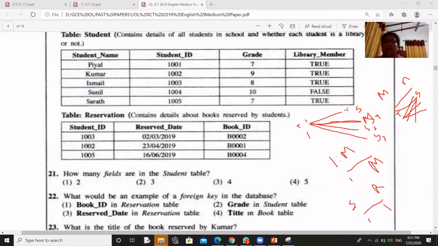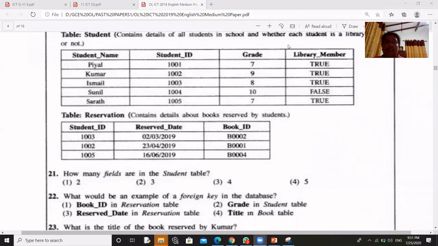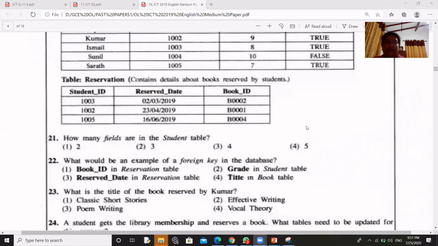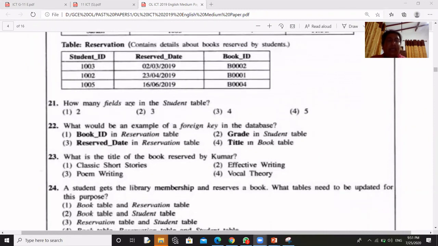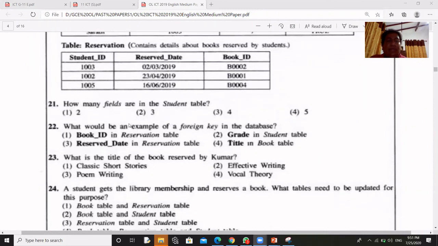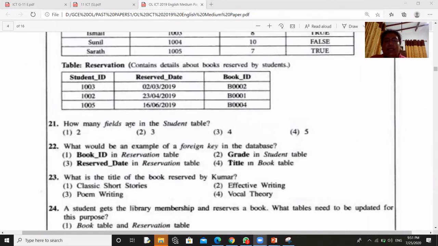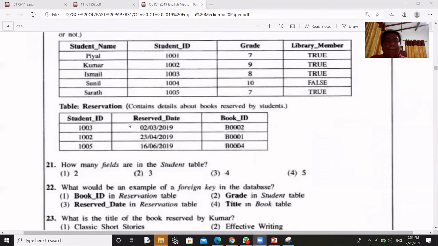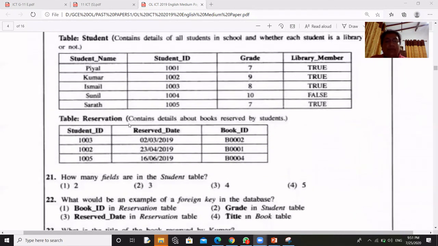right, look at that section. I know it is very tight now, but we can't do more. Okay, what would be an example of a foreign key in the database? Book ID in the reservation table.